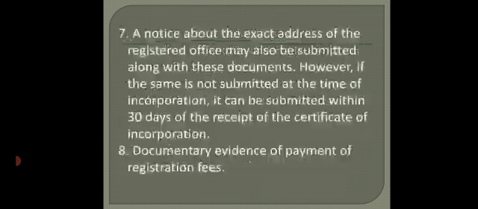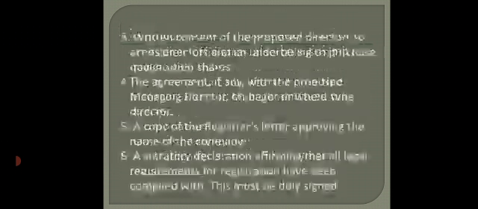So when you are getting the company registered, you need to pay the fees. So a proof of payment, that is a receipt of payment of registration fees, must also be submitted.